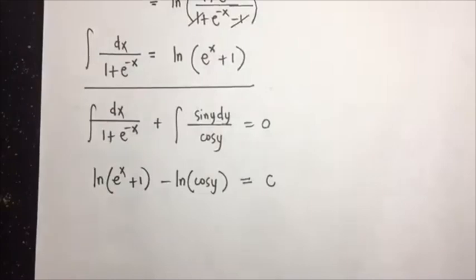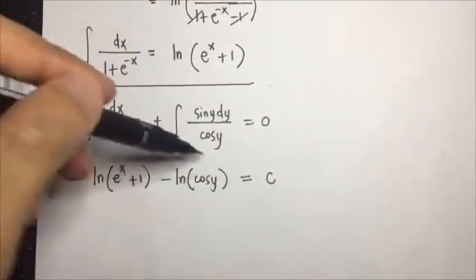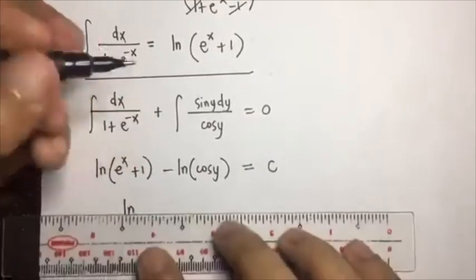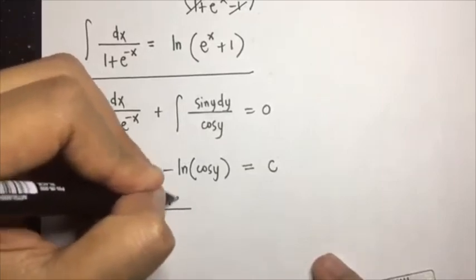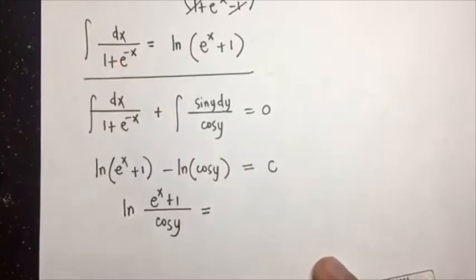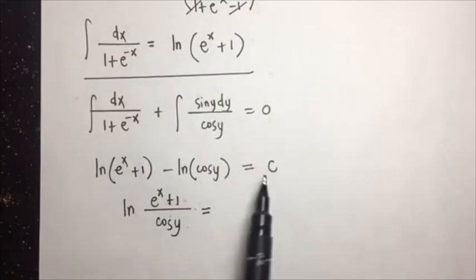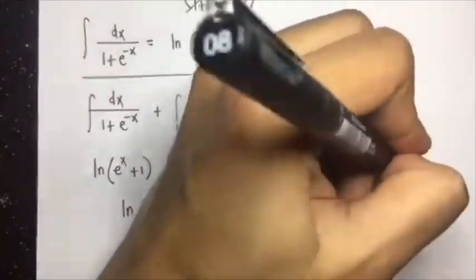Okay, so this is now the general solution, or we can simplify it further by combining this. So we will have ln of e to the x plus 1 over cosine of y is equal to... we also express it in terms of natural logarithm, so let's say c is equal to ln of c1.